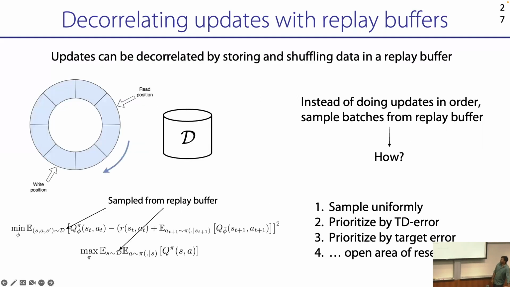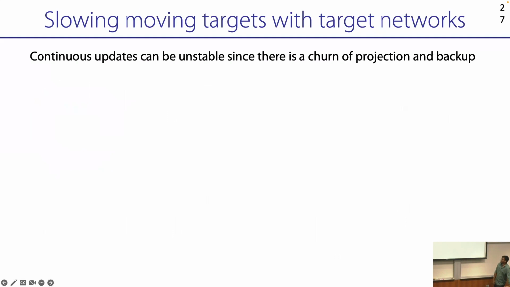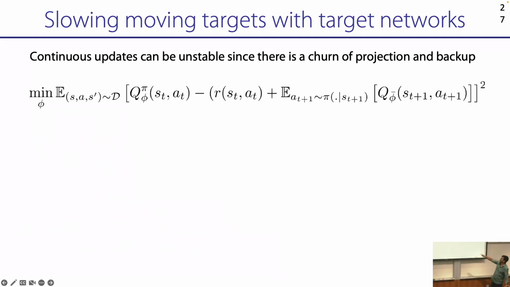Now, the second issue is that if you keep copying phi into phi bar at every step, it's super unstable.